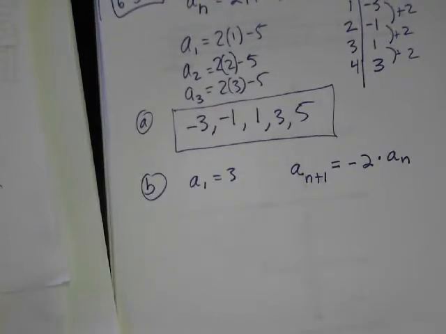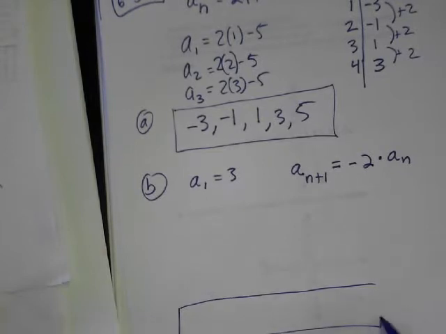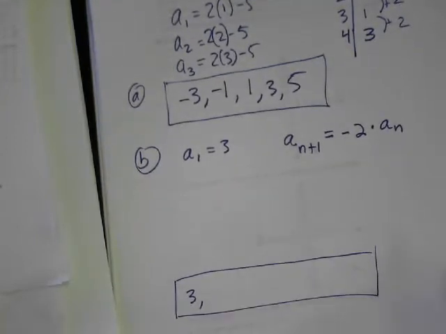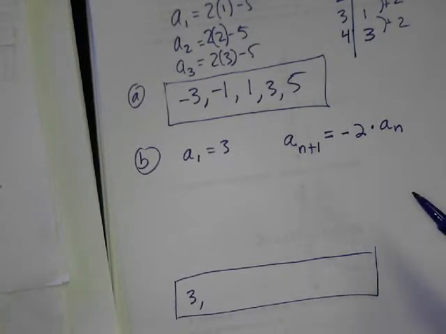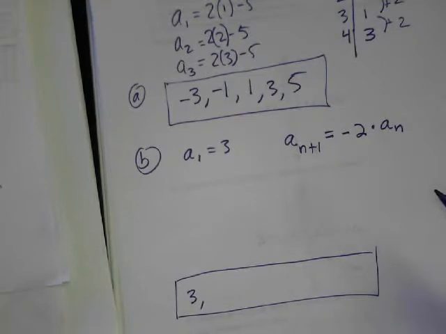Does anybody have any ideas? Oh, we need the first 5 terms, right? So we know the first term is going to be 3, right? Now what? Isn't that one with the bunch of numbers? Isn't that like the equation for it or something? You start at 0, like n plus 1. That would be a 0, wouldn't it?